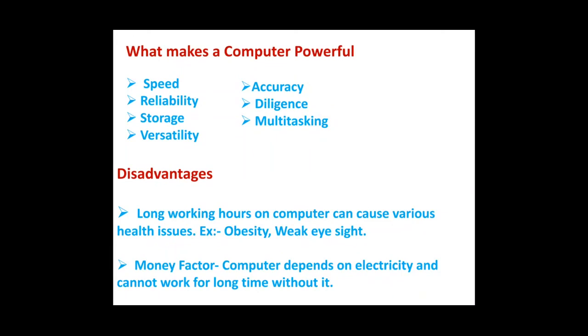First is, long working hours on a computer can cause various health issues. Yes, examples are obesity and weak eyesight. So if a person is using a computer for long hours, that can affect his or her health.